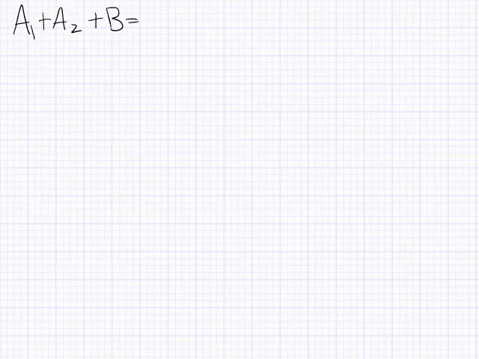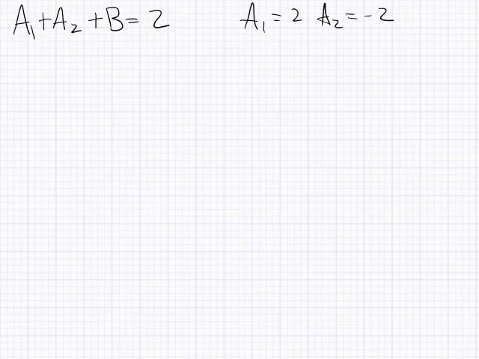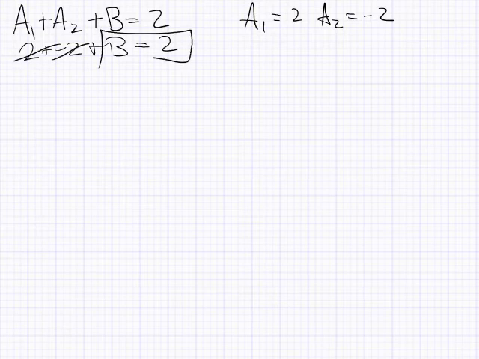Okay, so we had a1 plus a2 plus b equals 2. We also knew that a1 equaled 2 and a2 equaled negative 2. So we plug that in here. 2 plus negative 2 plus b equals 2. These cancel out. We got b already. That was pretty easy.